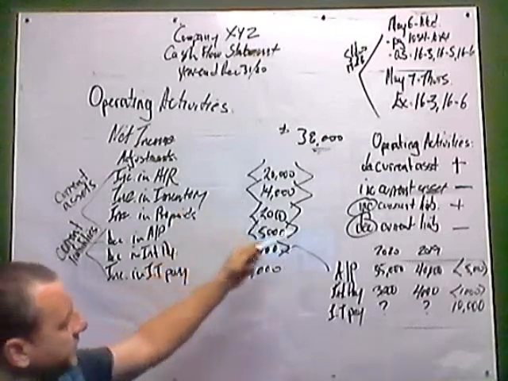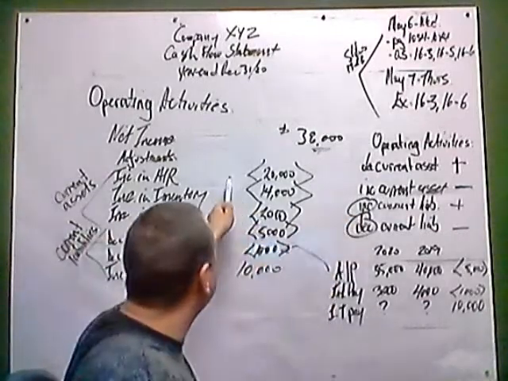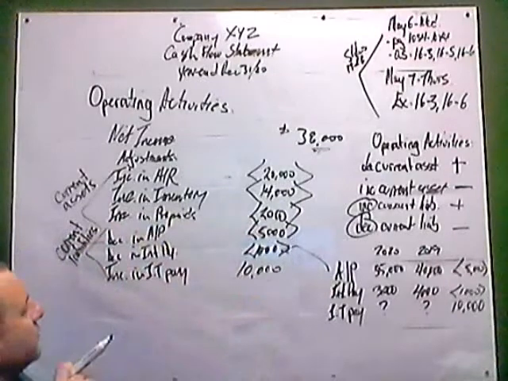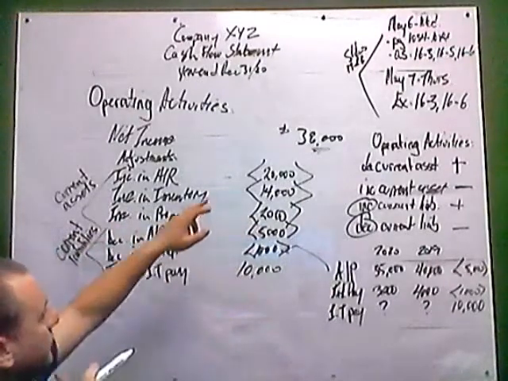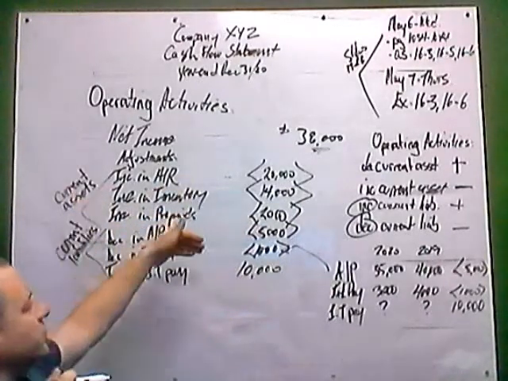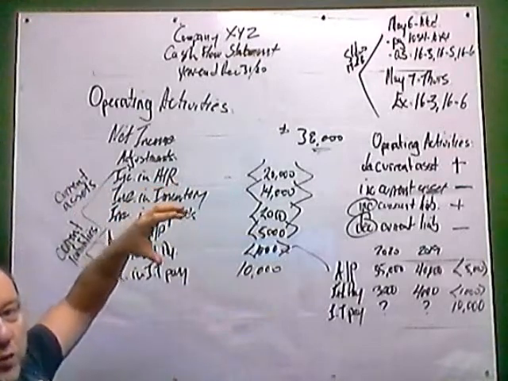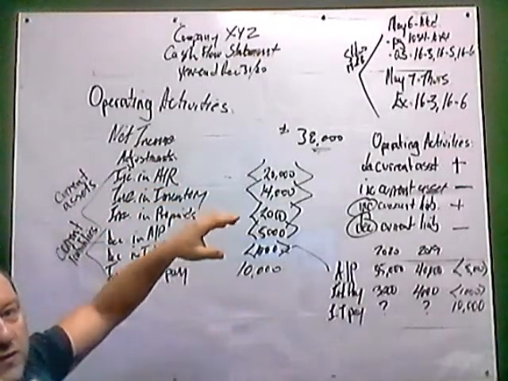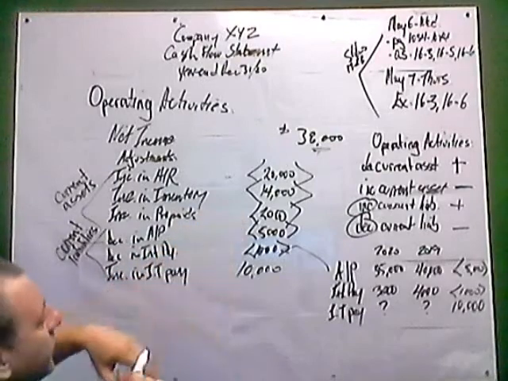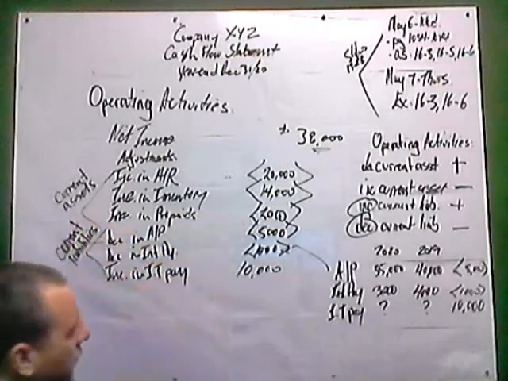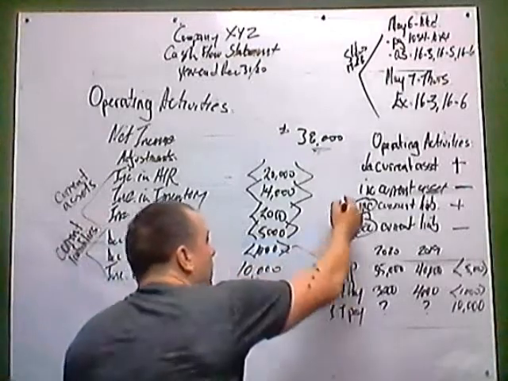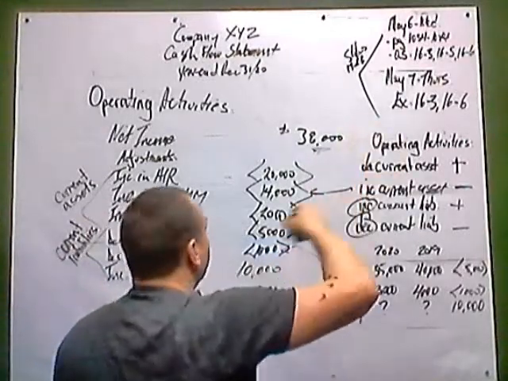What do we do with an increase in a current asset? We subtract it. We subtract the balance from net income. Same thing with inventory. Inventory was 84,000 for 2020, 70,000 in 2019. So an increase of 14,000. What do we do with an increase? Well, we subtract it from that income.